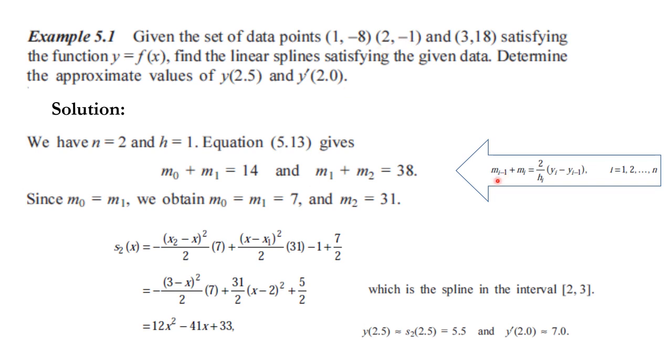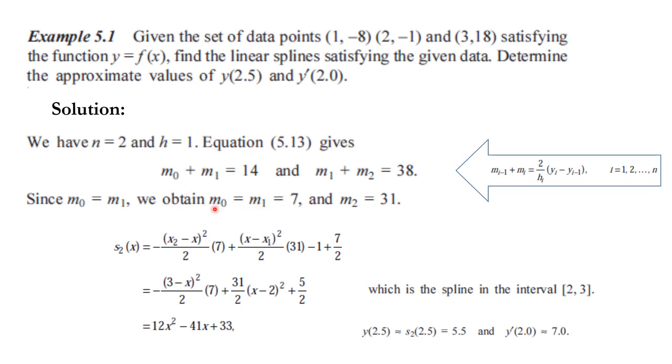And by our recurrence relation, putting i equal to 1 and 2, we obtain the equations as m0 plus m1 equal to 14 and m1 plus m2 equal to 38. We also have one natural spline condition, that is m0 is equal to m1. So substituting here, m0 equal to m1 means this becomes 2 times m0.